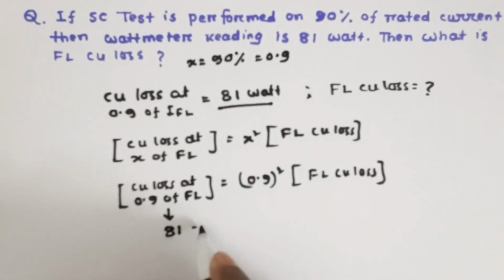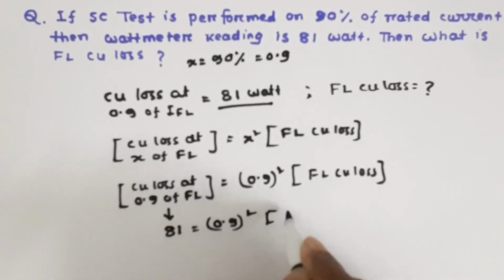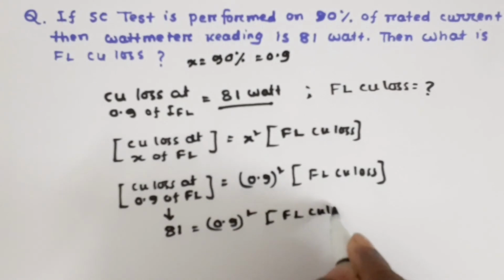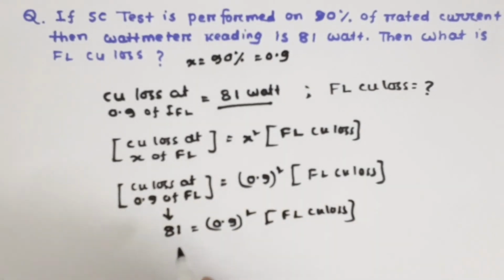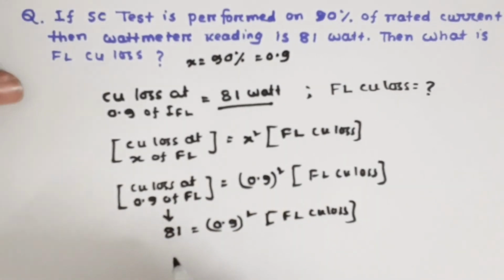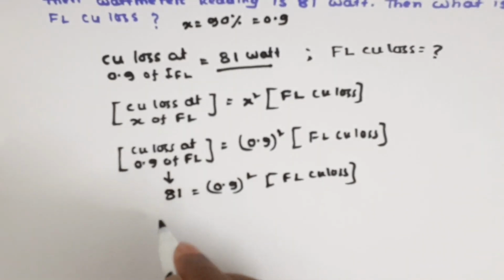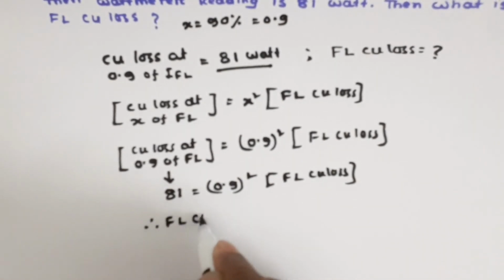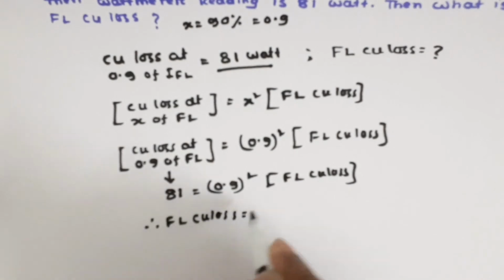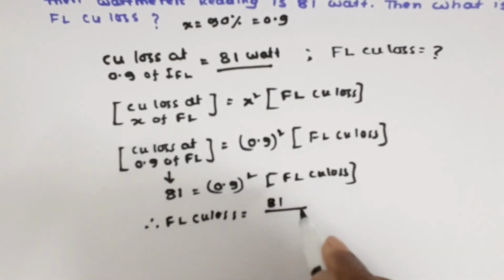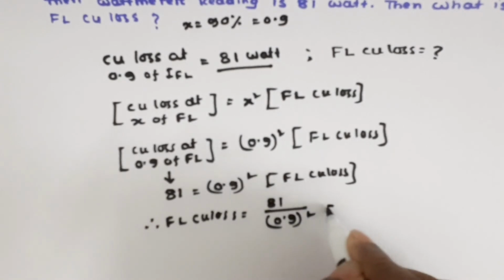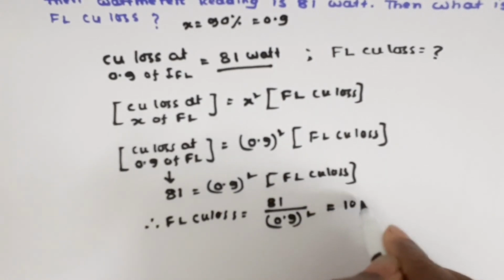So 81 equals 0.9 square into full load copper loss. Therefore, the full load copper loss is given by 81 divided by 0.9 square, that is equal to 100 watt.